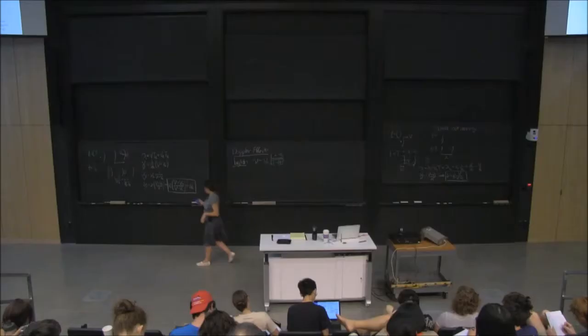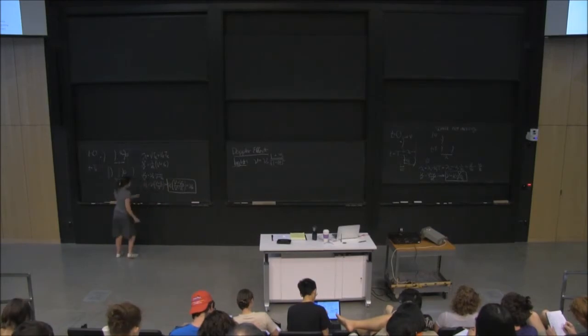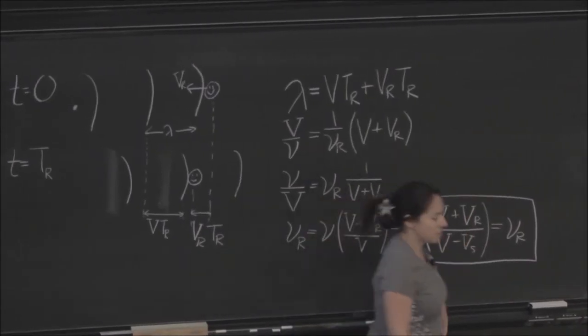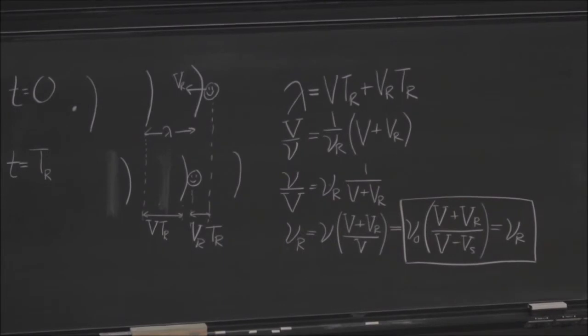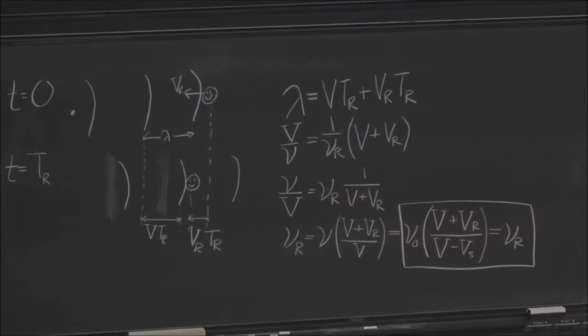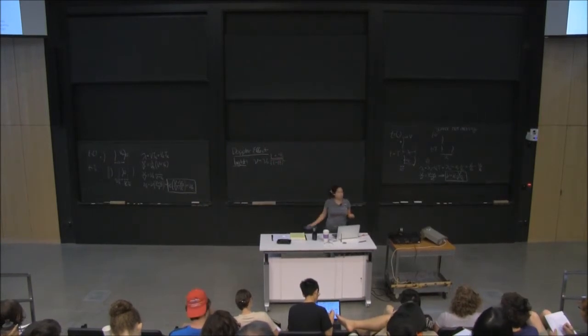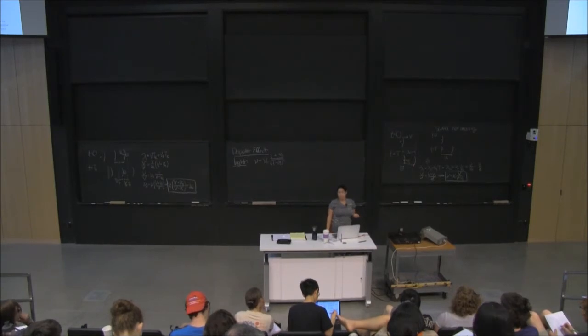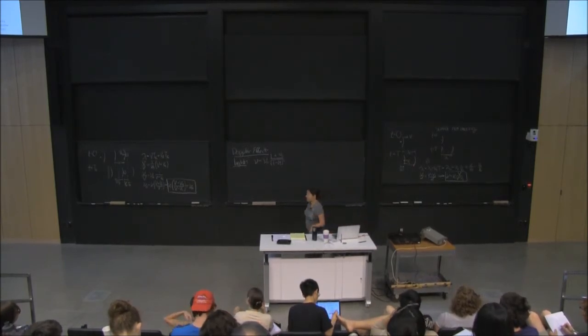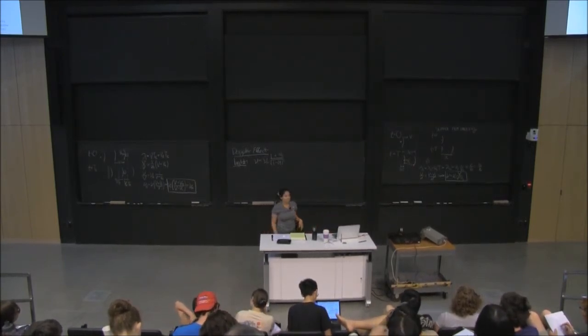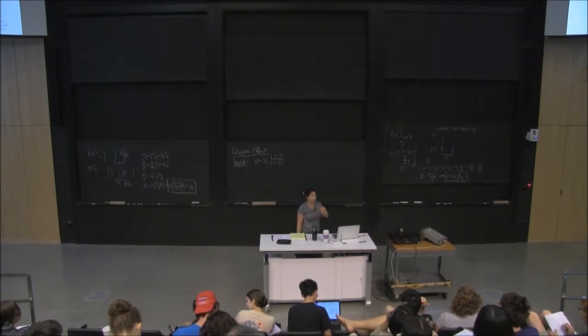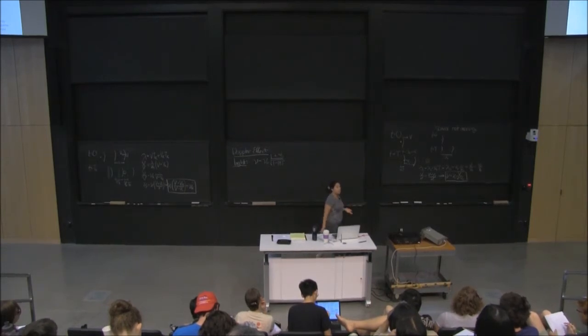Now, I want to point out, it looks like movement of the receiver and movement of the source are not exactly treated the same. Any ideas why? In special relativity, it didn't really matter who was moving. It only mattered their relative motion, right? Why is it different here? Why does it matter who is moving? Yeah, because there's a medium. Our premise for special relativity is there's no absolute rest frame.